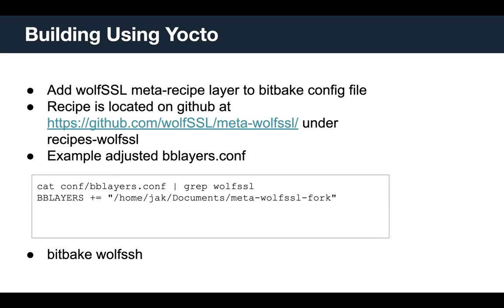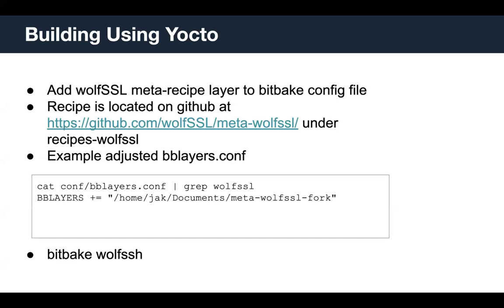Another way to go about building wolfSSH is with our Yocto layer. So we have a meta recipe layer in our meta-wolfSSL GitHub repository. It's under the recipes-wolfSSL. How you'd go about this is you'd add the meta-wolfSSL to your bblayers.conf, and down here's an example of having done that.